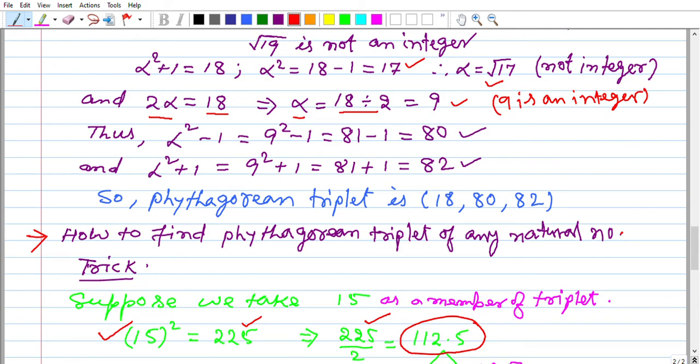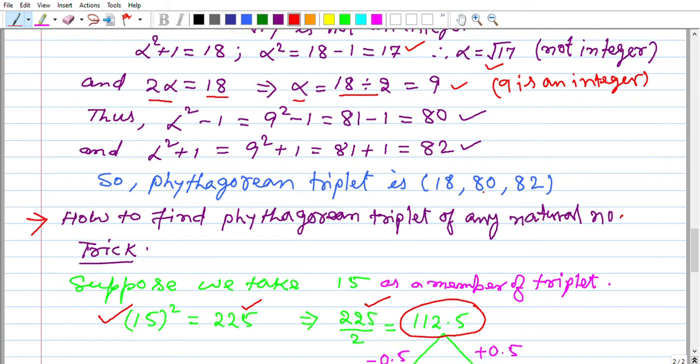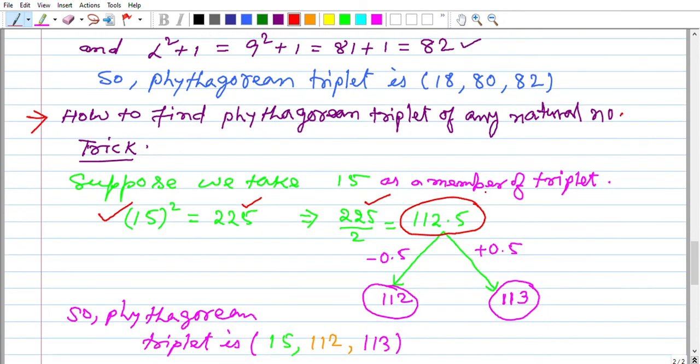Division, you are able to do it. Why are you confused over here? My dear learners are very genius. Now, with respect to it, you round off this 112.5.